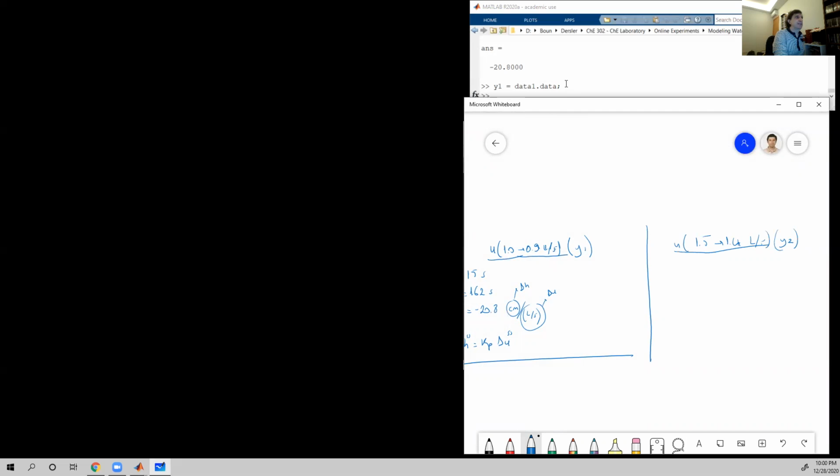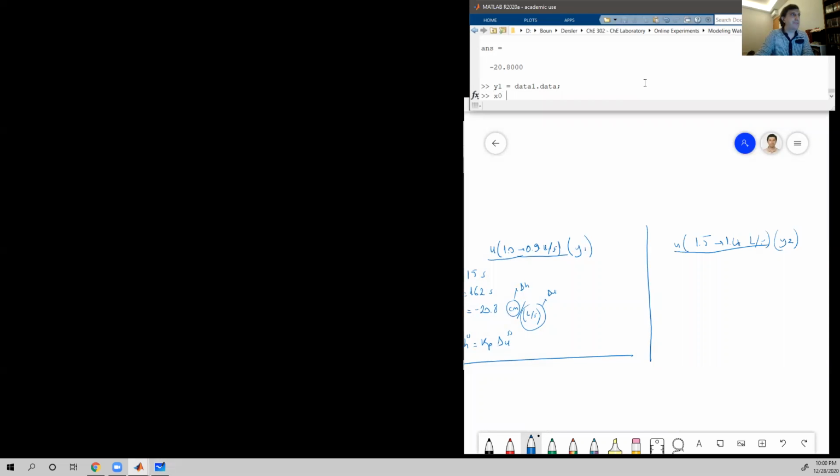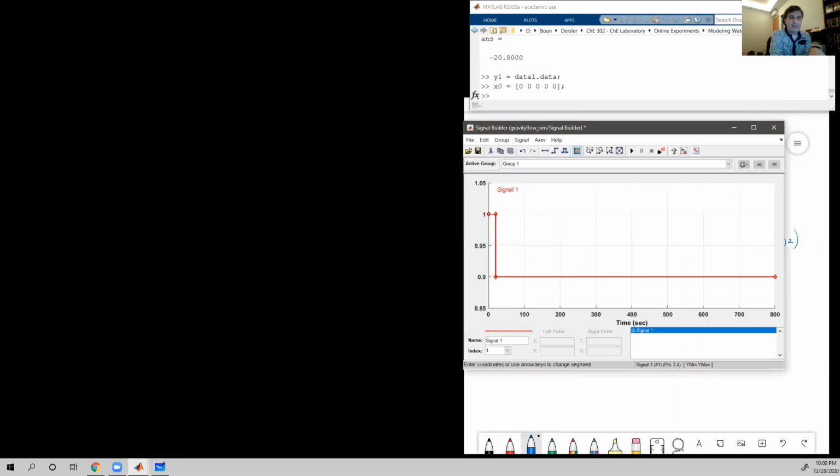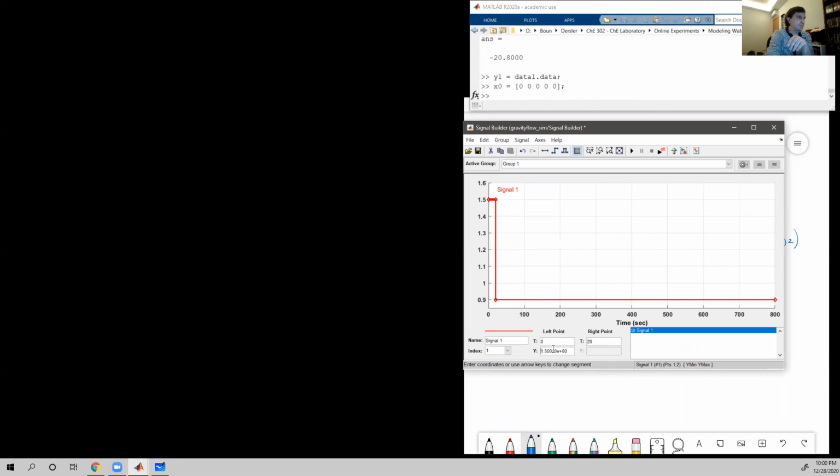Let's see that. So I need to first operate at 1.5. These are just technical details to run the simulation, no big deal. So I need 1.5, and this region also should be 5.